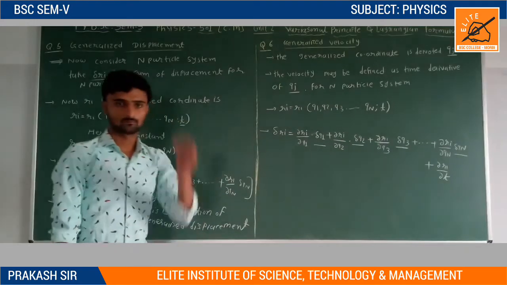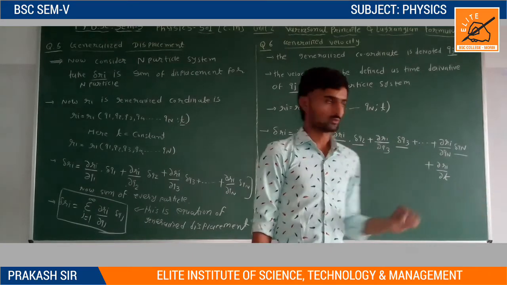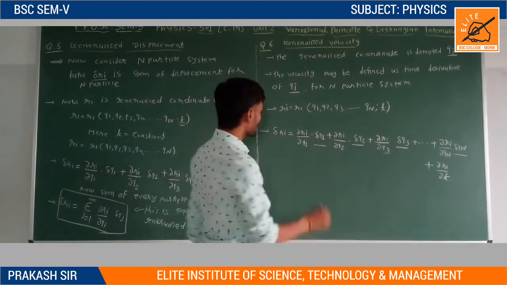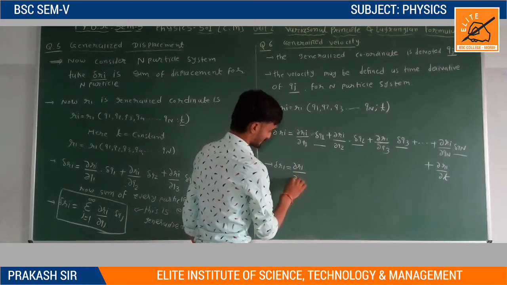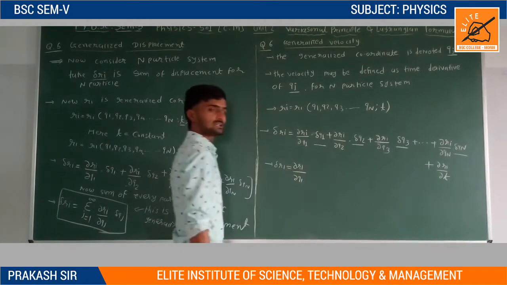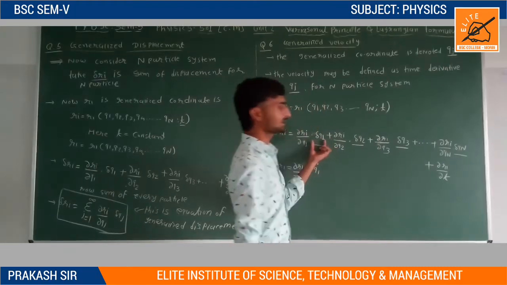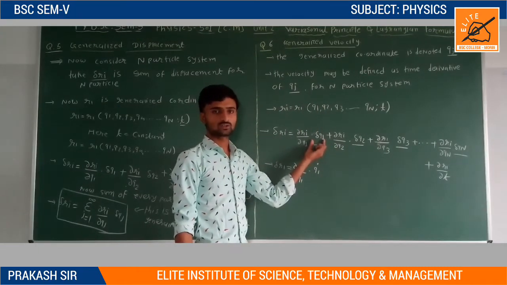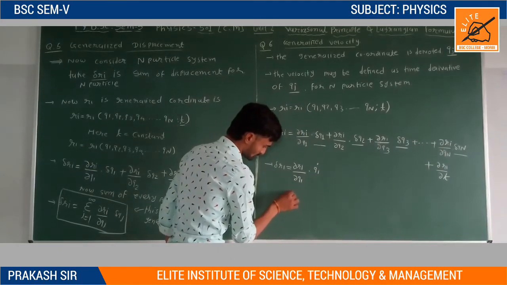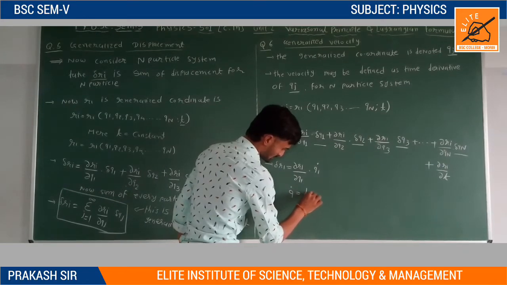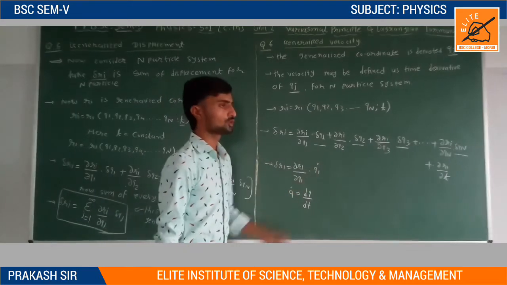Now delta q1 is the change of position with time, so it is the displacement in time. Delta q by delta t is the derivative with time, which is written as q dot.